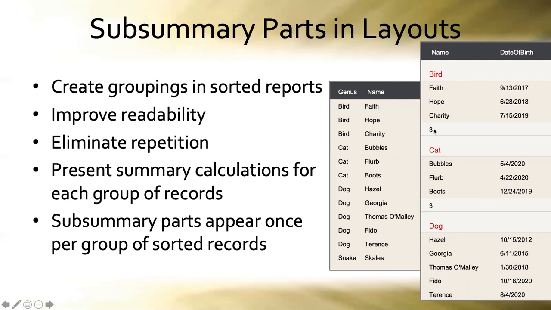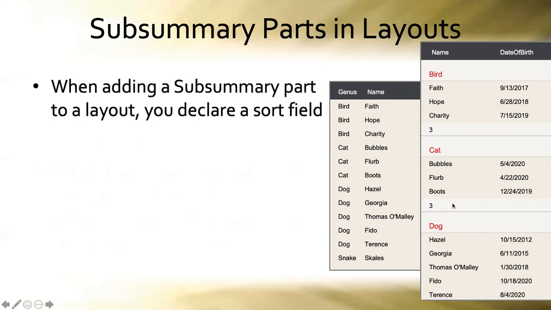I've done that here, and it repeats once for each group of the sorted records, and we get that calculation that sums up the number of records in each group.